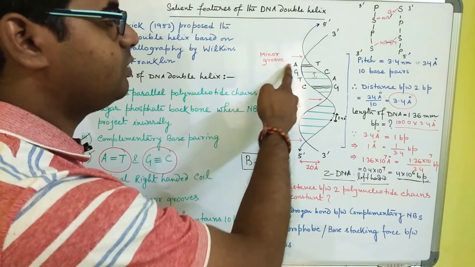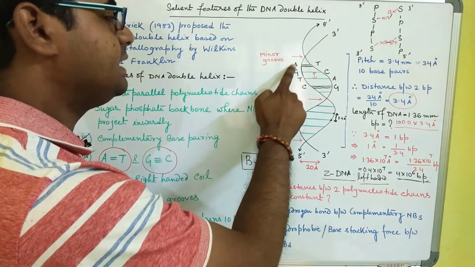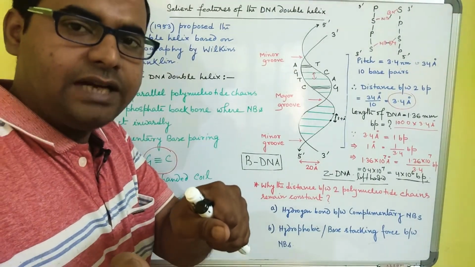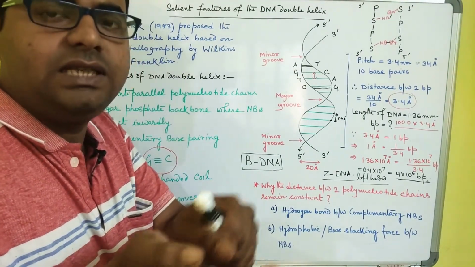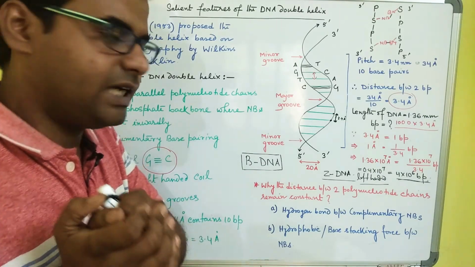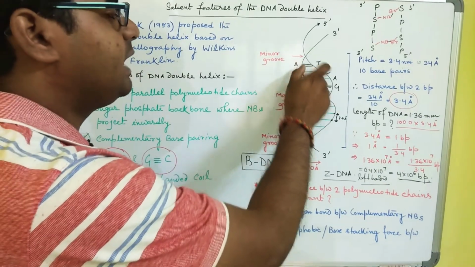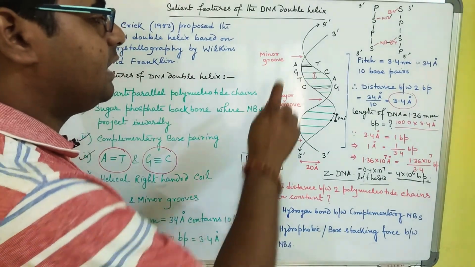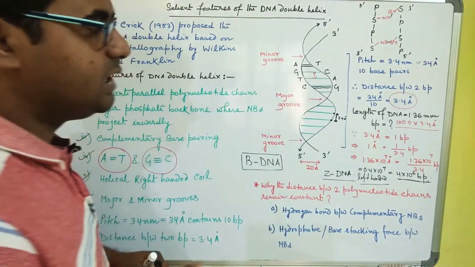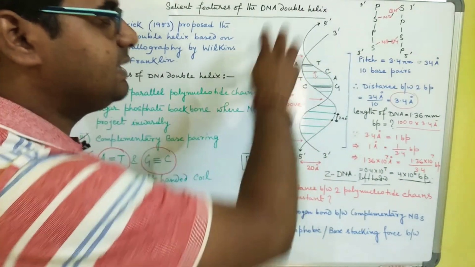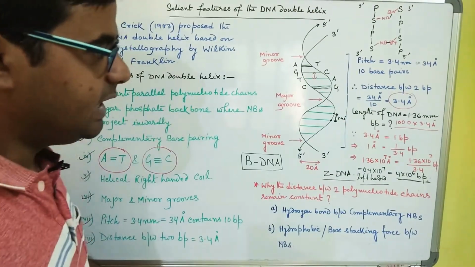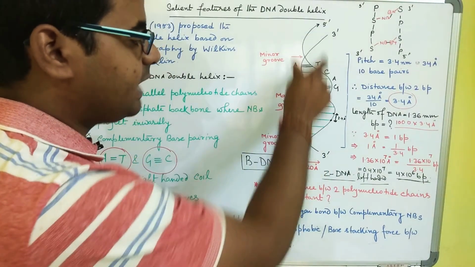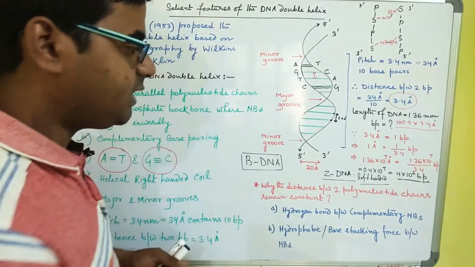So this is a nitrogenous base, and this is another nitrogenous base. These bases are hydrophobic in nature, so they will interact with each other with the help of hydrophobic interaction. So the hydrogen bond between the nitrogenous bases of two different polynucleotide chains and the hydrophobic interaction between the nitrogenous bases actually stabilize this DNA double helix, and as a result the distance between two polynucleotide chains remains constant.